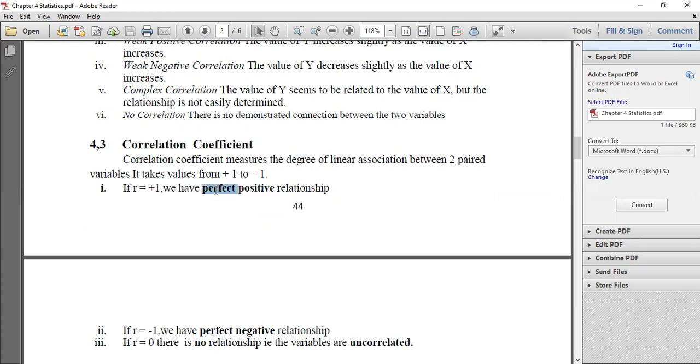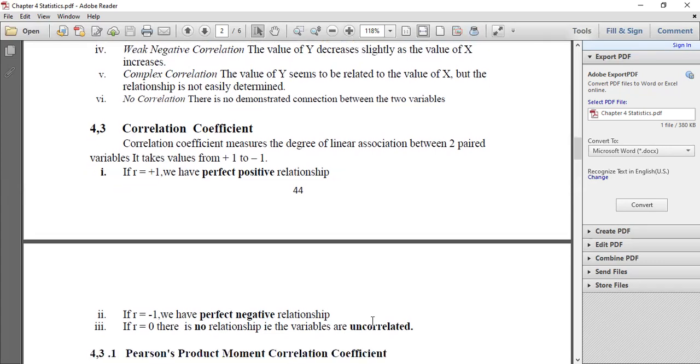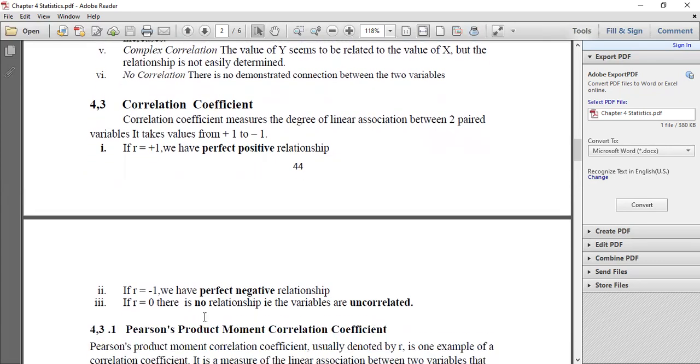When it is exactly -1, you have a perfect negative correlation, a perfect negative relationship. But when it is 0, there is no relationship. The variables are uncorrelated. So you can get values between -1 and +1.